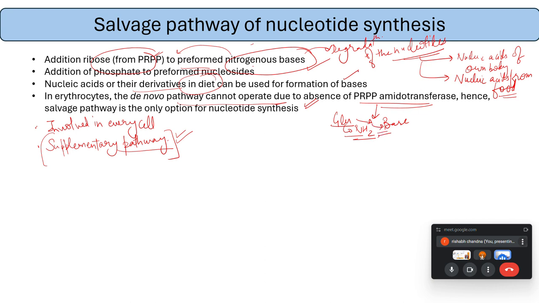Due to the absence of this enzyme, the de novo pathway cannot operate, which shifts the whole nucleotide synthesis to the salvage pathway. Although erythrocytes do not need that much nucleotide synthesis, they need it for energy metabolism and other functions. So the salvage pathway is the major pathway performed in erythrocytes.